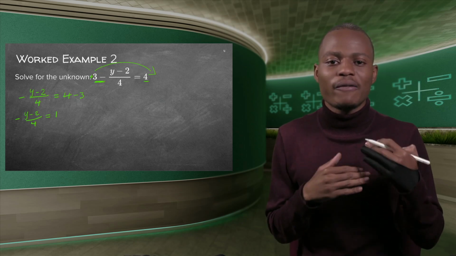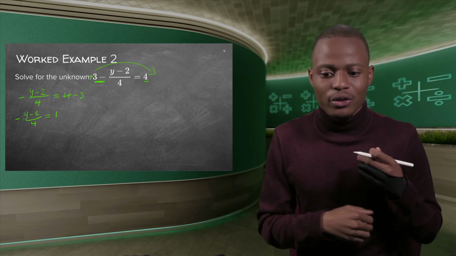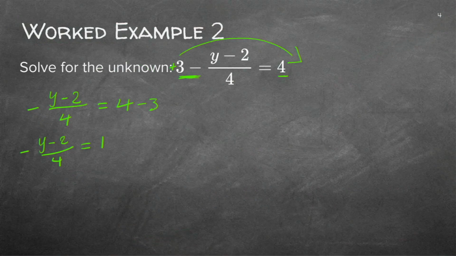You need to ensure that you have fractions on both sides. So for you to have fractions on both sides, you will write this as 1 over 1. Now you see that we have a fraction on this side and a fraction on the other side. So you have 1 over 1 on one side, and you have negative y minus 2 over 4 on the other side. So we can now bring back cross multiplication.